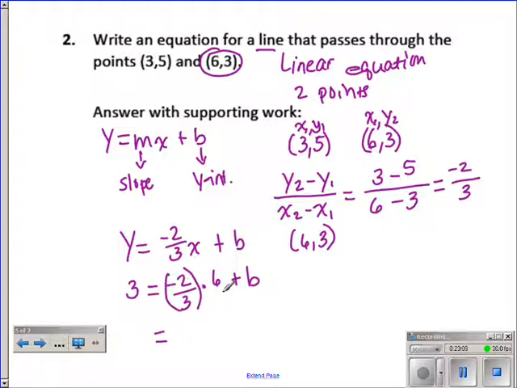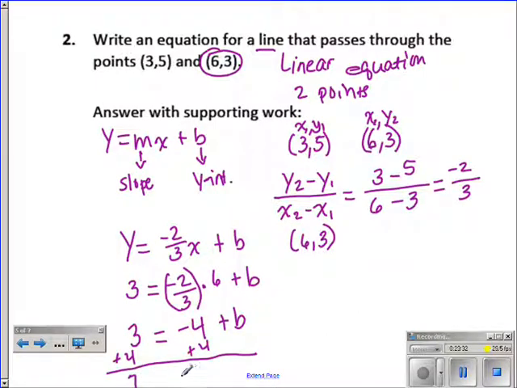Well, now this is pretty simple undoing. Negative 4 plus b equals 3. I'm going to add 4 to each side. 3 plus 4 is 7 equals negative 4 plus 4, that's gone. So b equals 7. I just found my y-intercept.